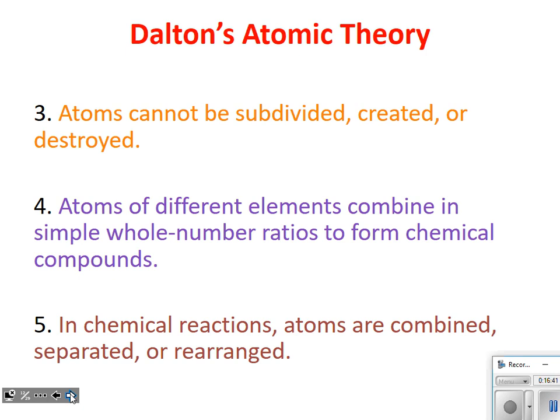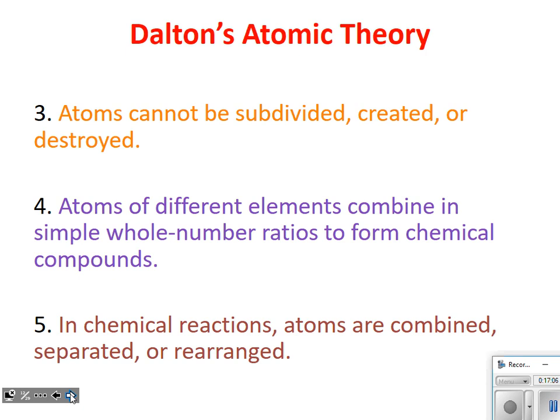And when those compounds are formed during chemical reactions, the atoms are combined, they are separated, or they are simply rearranged. So, Dalton had these 5 statements that built his atomic theory.